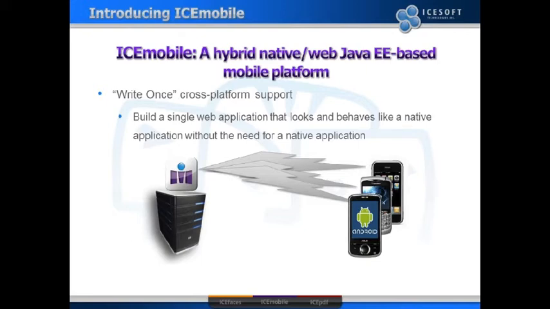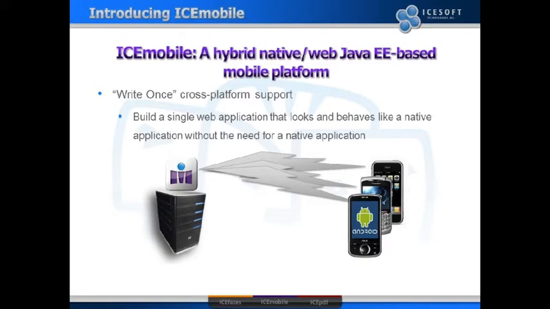Now, I think ICEmobile, with these goals, straddles a really unique position right now in the mobile space. As I mentioned, there are other hybrid solutions out there, such as PhoneGap and IBM Worklight and Titanium, but none of these provide the unique features of cross-platform native integration along with web development and distribution.